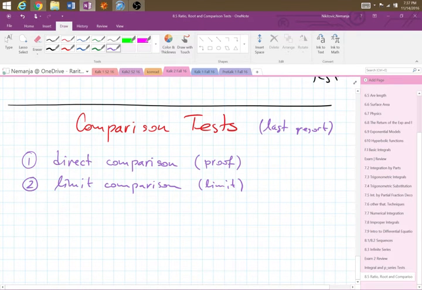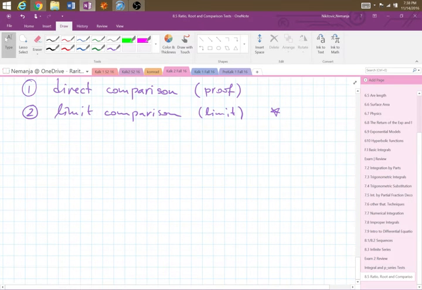Most of the time, limit comparison is a better choice, not because of the proof. Proof is very easy. It's because there's way too many things going on with the direct comparison. So let's take a look at the direct comparison.